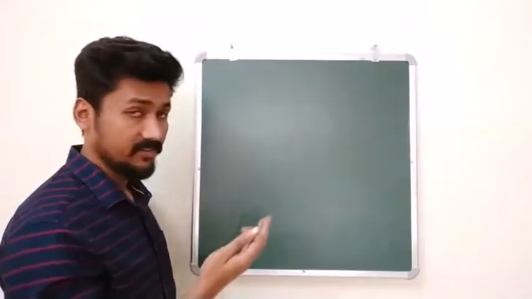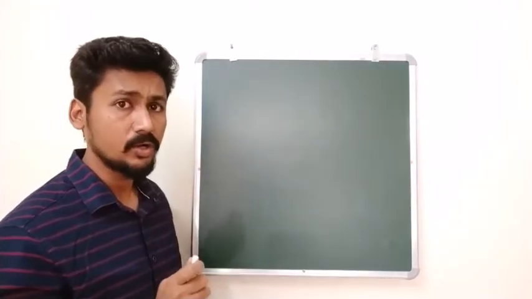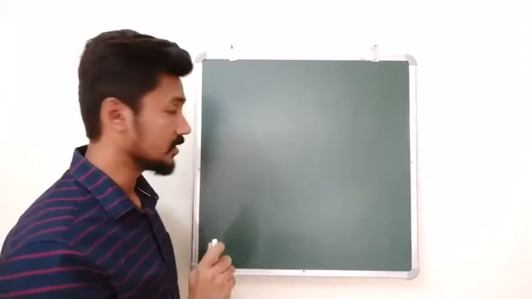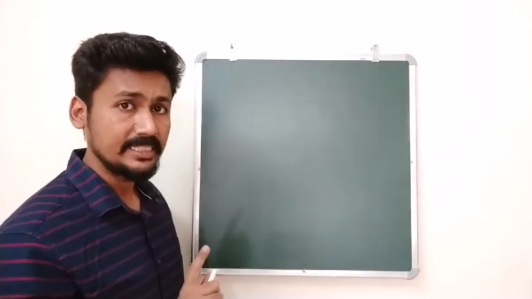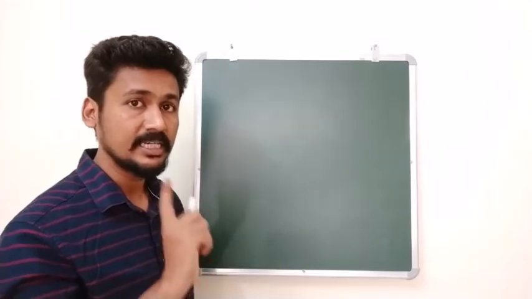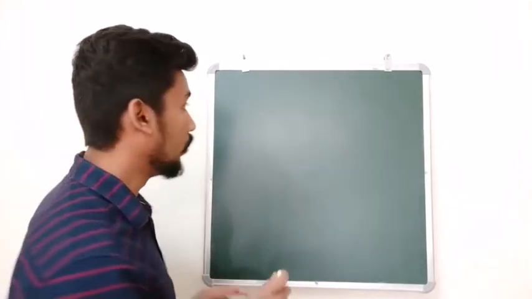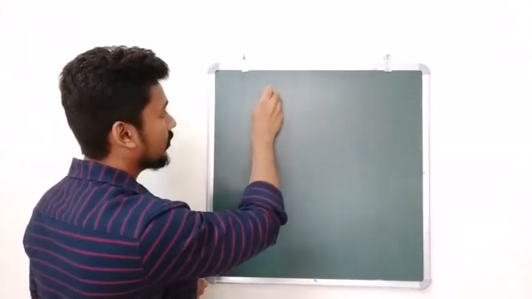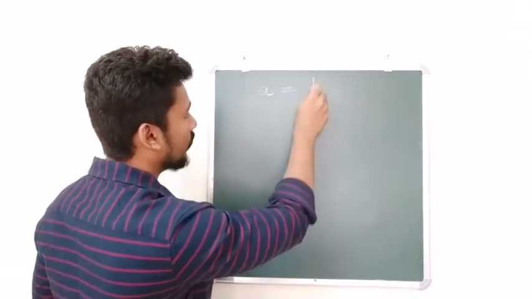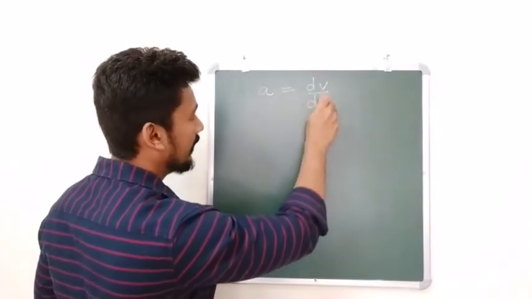So now we are going to derive the three equations and we are going to use the method called calculus. So first let us derive the first equation of motion, that is v is equal to u plus at. So here is how we will do it. First we will say, we know that acceleration is equal to dv upon dt.